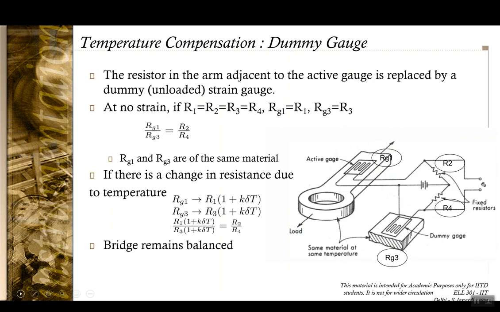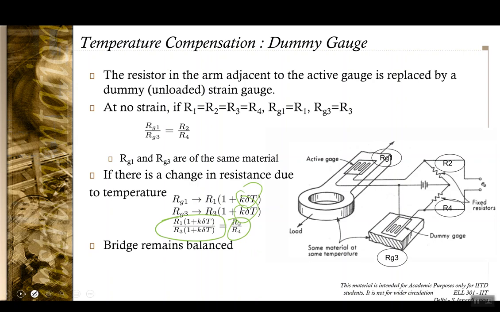Rg1 will go to R1 times some factor of k delta T. Now, even after this, the ratio is going to remain the same. So the bridge remains balanced.